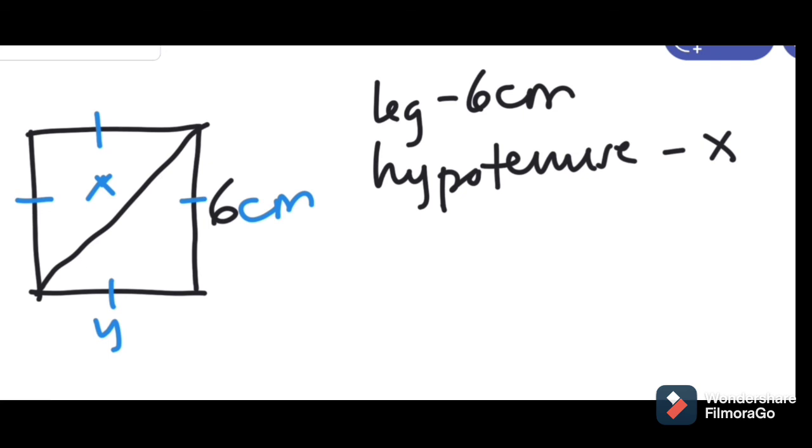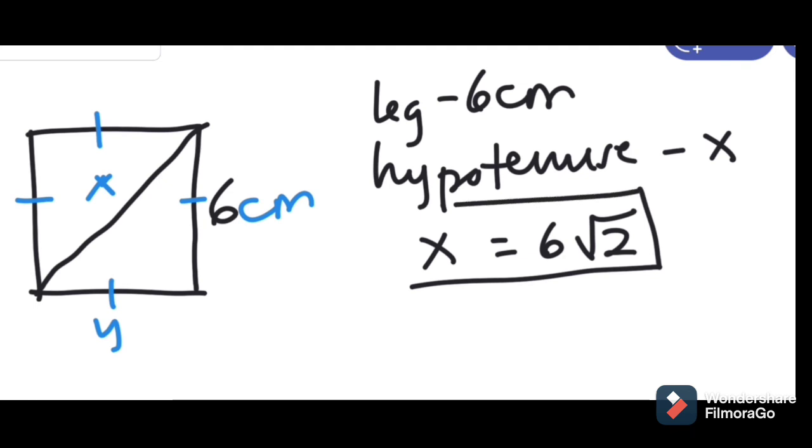So we have the hypotenuse x is equal to the leg, which is 6, times the square root of 2. So that is our answer. The value of x in this case is equal to 6 square root of 2. And what is the value of y? This is 6.